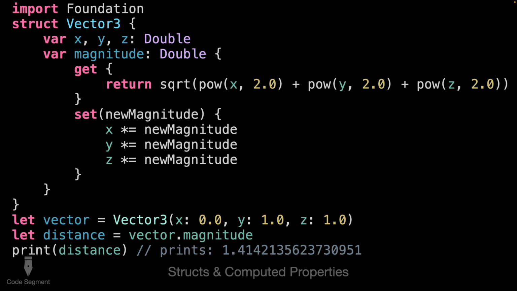Yeah, what's up? So newMagnitude, and I realize I don't have a good example shown here in the slide. So let me see if I can pull this up, because that is a great question.